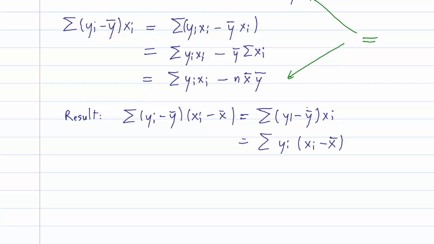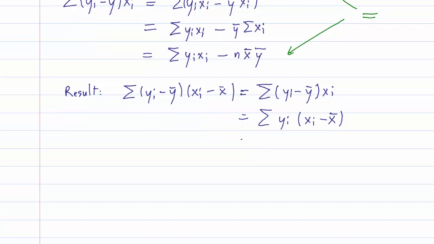So I can choose to remove the mean from one variable or the other. It doesn't matter. And in the end, it's just equal to the sum of yi xi minus n times the product of the means, x bar y bar.